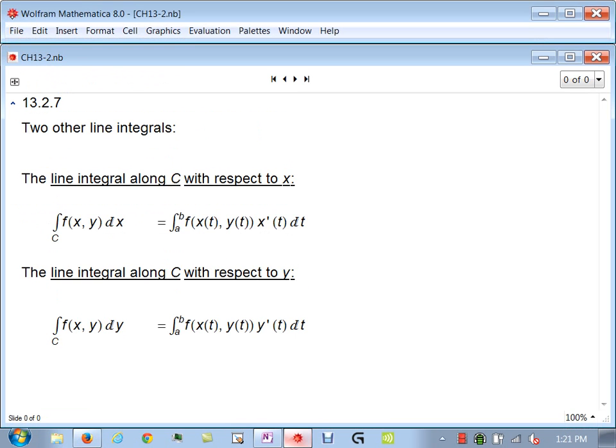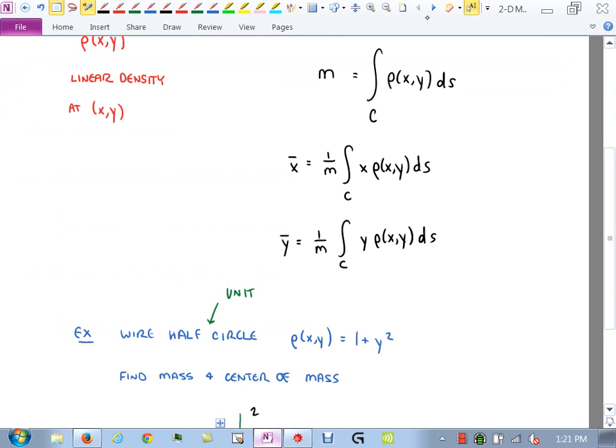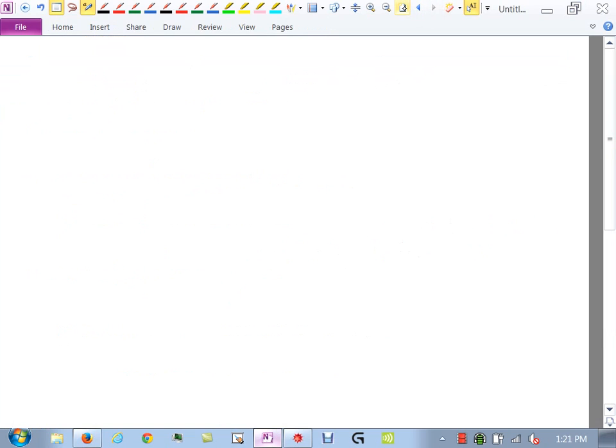So let's just talk about that for a second, because I think it's subtle, but it's interesting. We had defined ds to be the square root of dx dt squared plus dy dt squared dt.